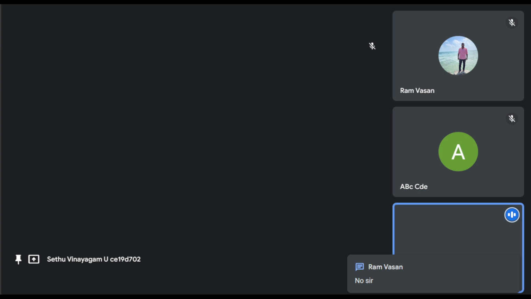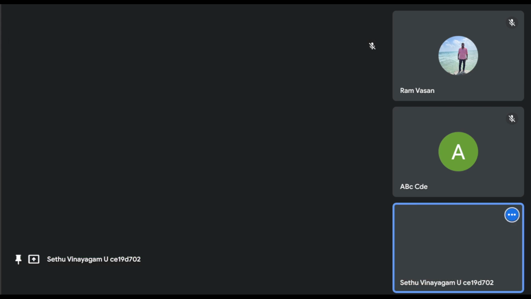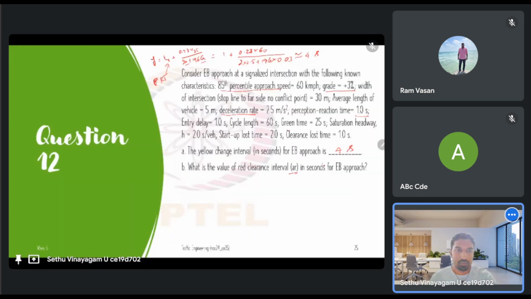Okay, so next question is, what is the value of the red clearance interval or the all red interval AR in seconds for this approach? Okay, so we have one answer as 1.09.